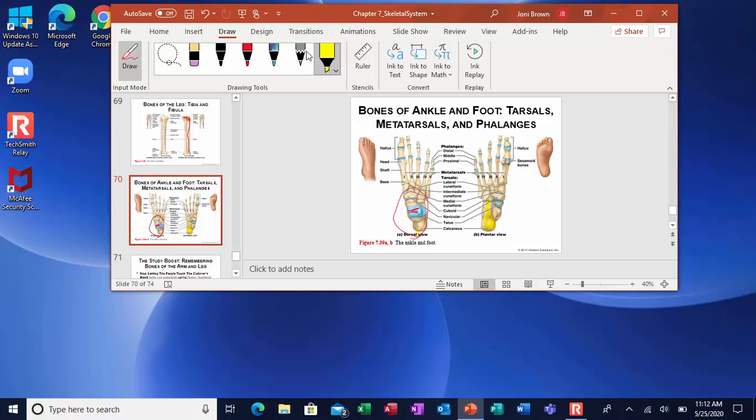Then you've got your 5 metatarsals, 1, 2, 3, 4, 5. And then you've got 2 phalanges in your big toe, or your great toe, and 3 in all the rest of them, for a total of 14 phalanges.